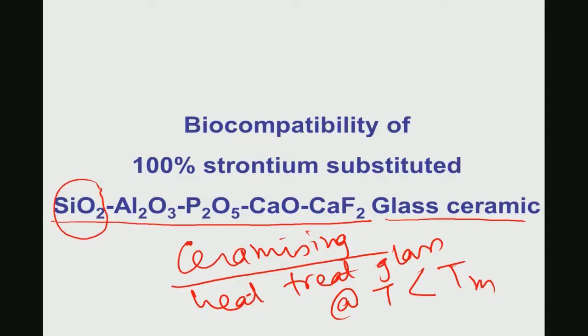Any specific composition may not be glass forming, so you need a composition which has glass forming ability, like silica, SiO2, for example. This particular material also contains silica.